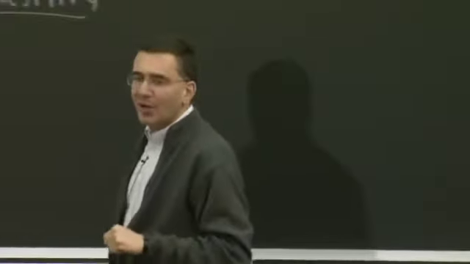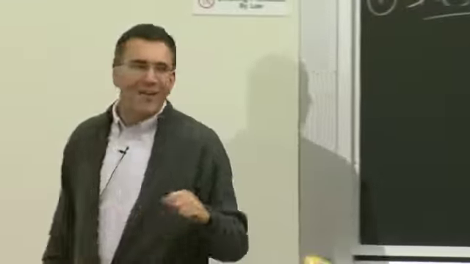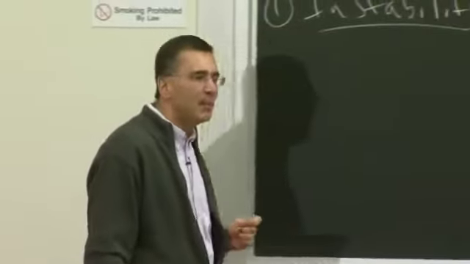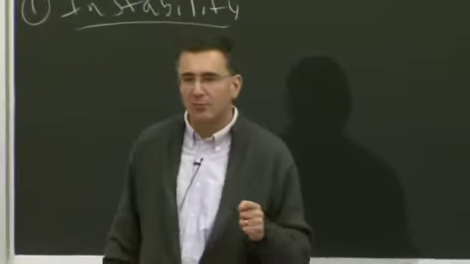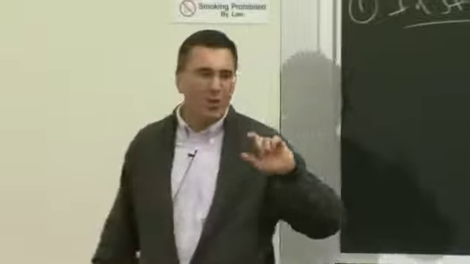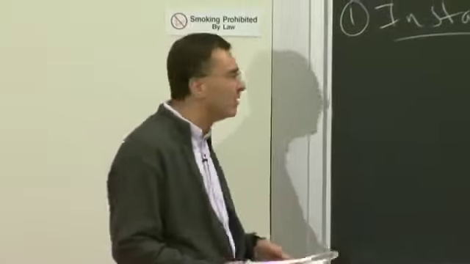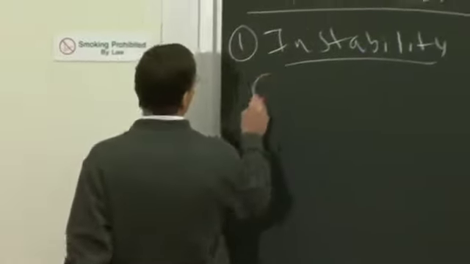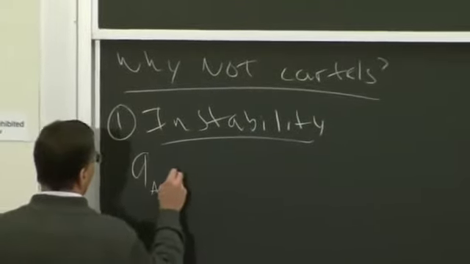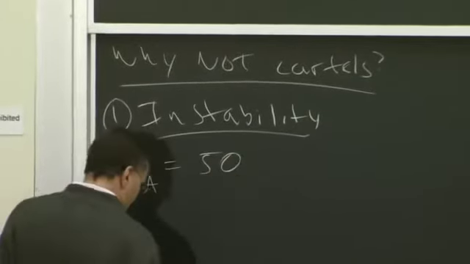Now imagine American says, wait a second, what if on the sly I increased my number of flights from 48 to 50, and did it in a way which wasn't immediately transparent to United? So American takes its Q sub A, which was 48, and raises it to 50.